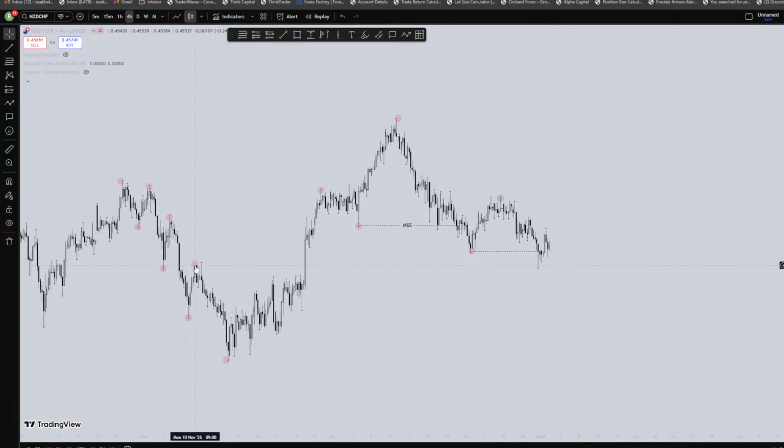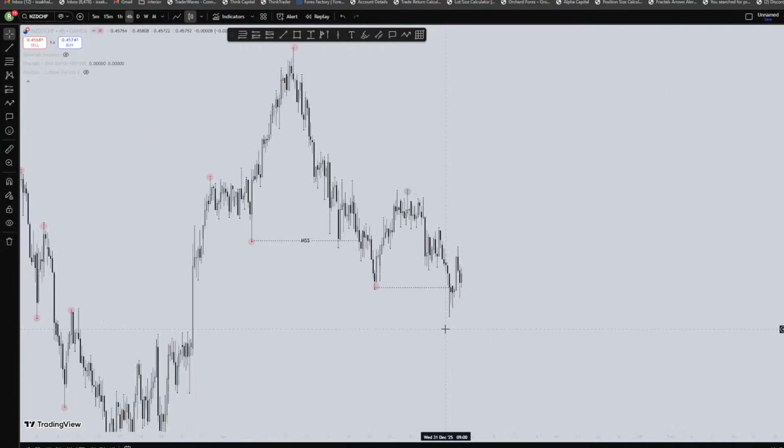It's the same. Price came, stock structure rallied, market structure shift, found its new low there, waiting for price to SI.